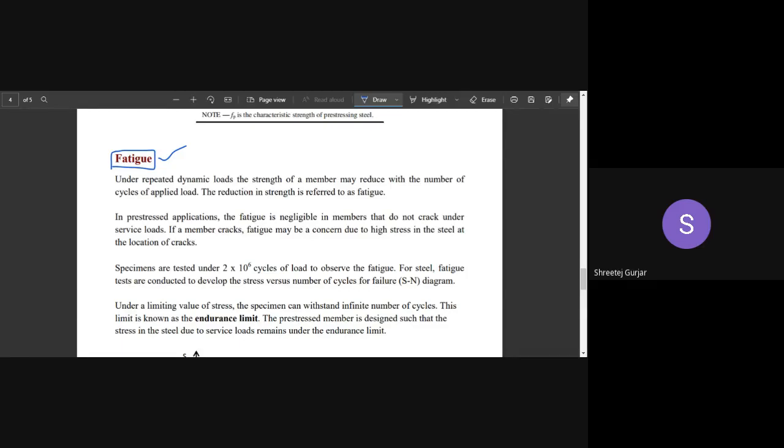An example I can tell you is a bridge. A bridge is mainly dealing with these fatigue losses, wherein it has rolling loads, with vehicles passing over it, right. That is not a static load, that is a dynamic load, a rolling load.